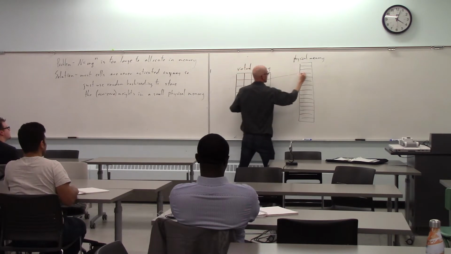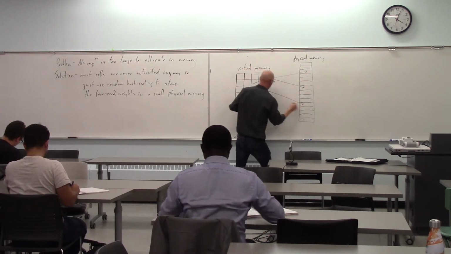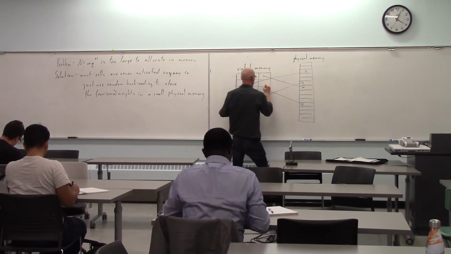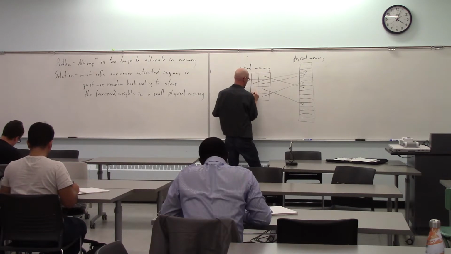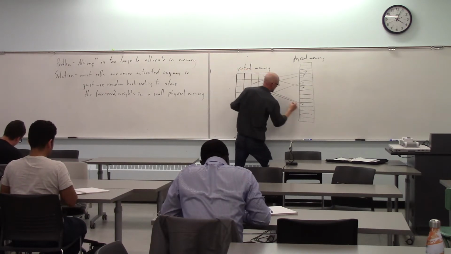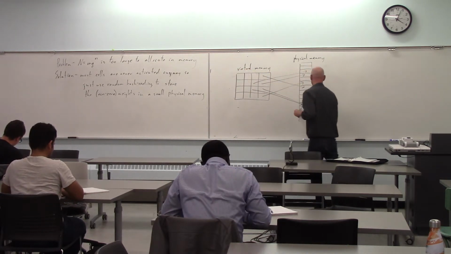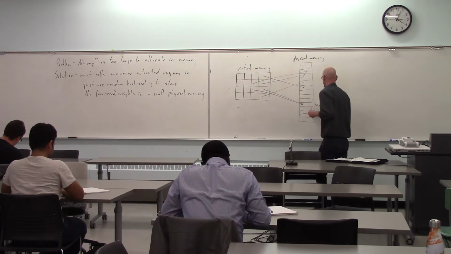The idea is you get a random mapping, and occasionally they will map to the same space. This is what we call a hash collision.